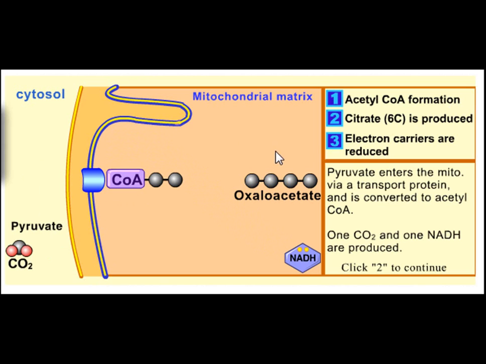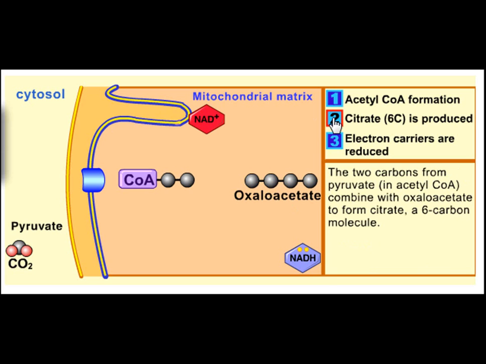We now take coenzyme A into the citric acid cycle by creating a 6-carbon sugar with oxaloacetate. The 6-carbon sugar is citrate.